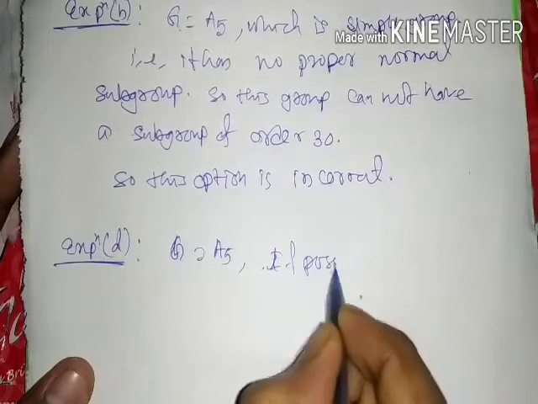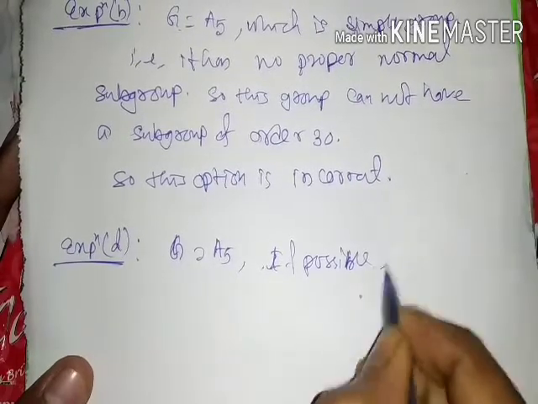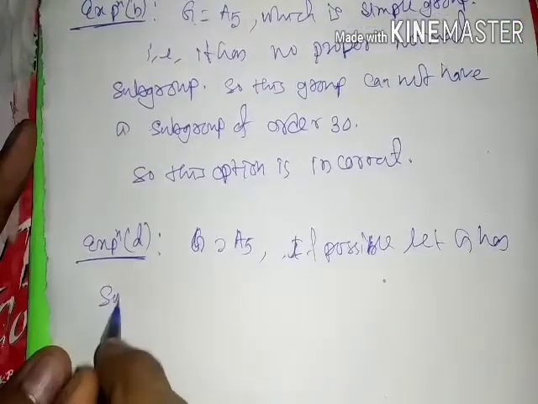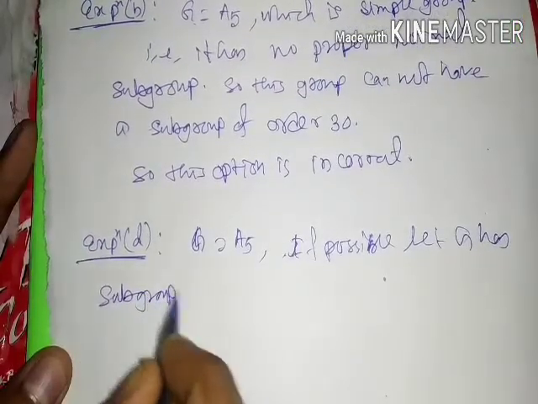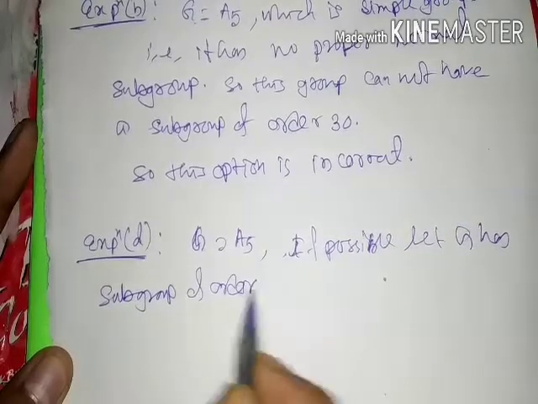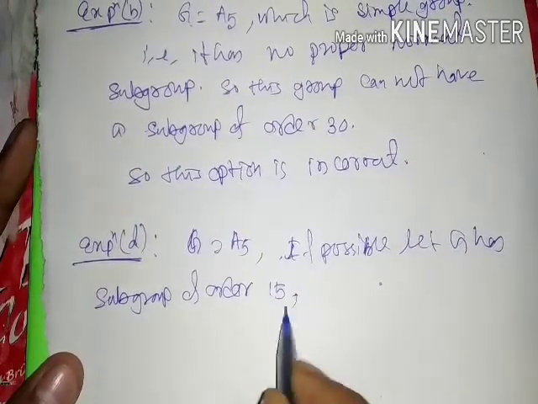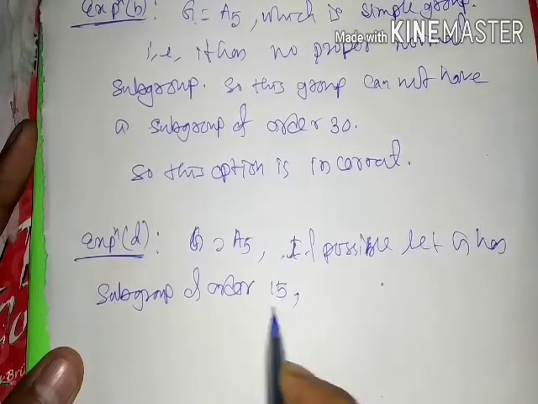If possible, let G have a subgroup of order 15. We know the group of order 15 is always cyclic.